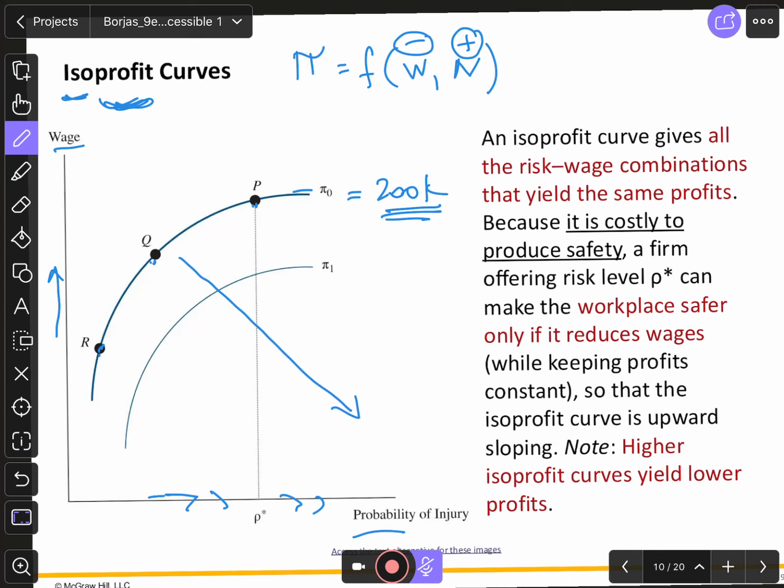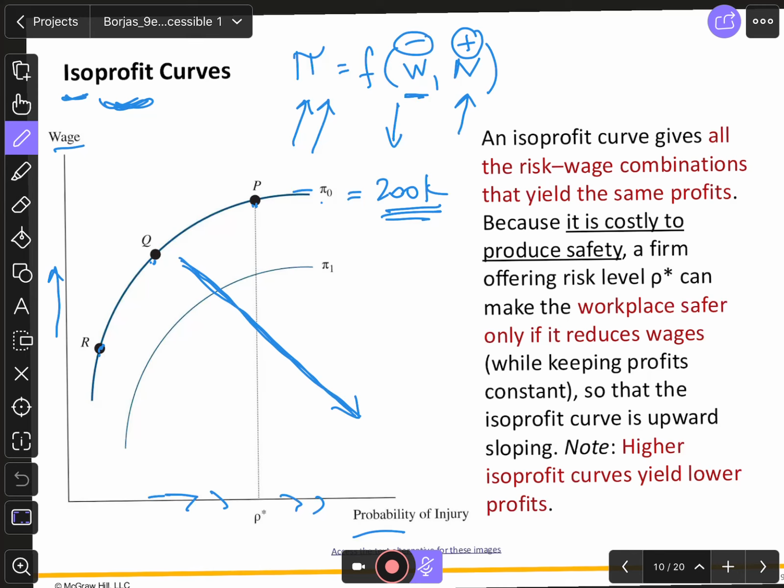Why? Because going this way, I'm reducing wages and it has a negative relation. If you reduce this, then this one would increase. But also if you move this way, then you are increasing risk, and as you increase risk, profit also increases.